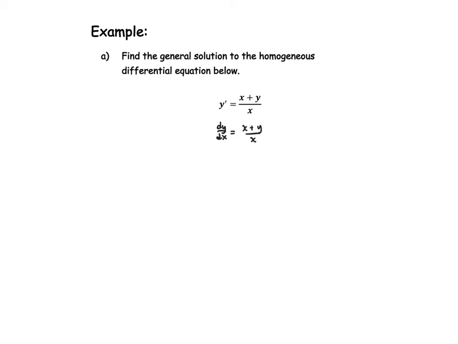Now I'm going to use the substitution that we used on the previous page, where y equals ux, and understanding that dy dx, when I use the product rule on that, is equivalent to du dx times x plus u. In here for y, I'm going to plug in ux, and I'm going to substitute dy dx equals du dx times x plus u right here.